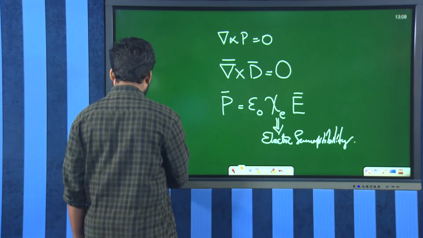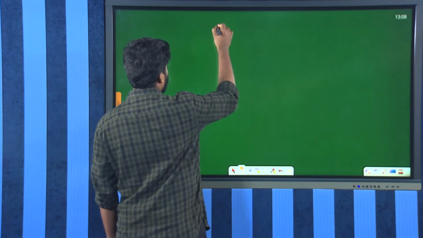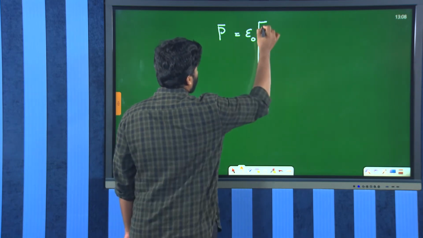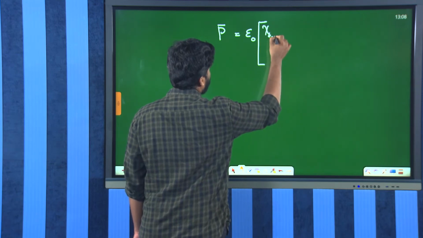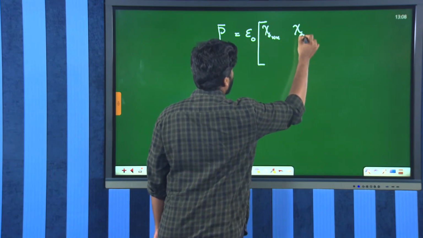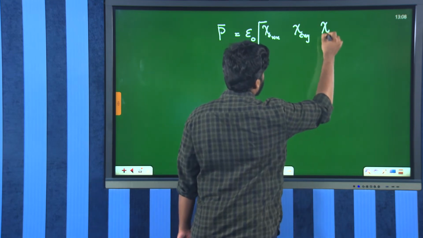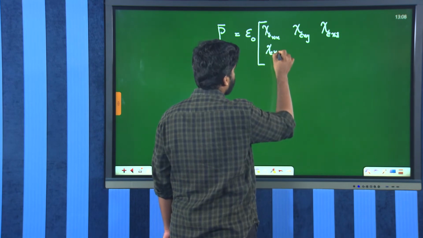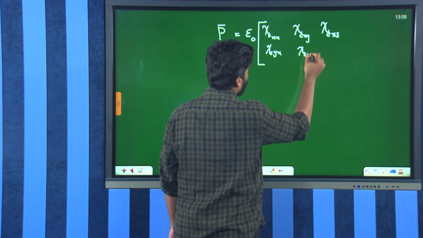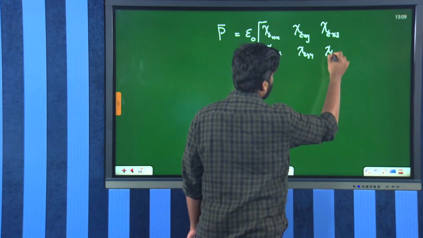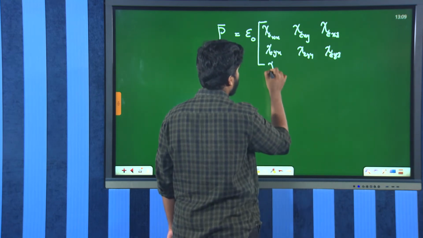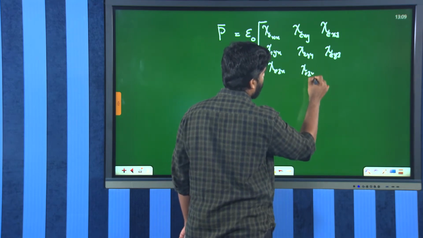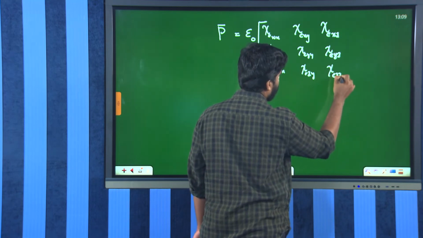So, I can write this equation for an anisotropic medium as P is equal to epsilon 0 into the matrix chi E xx, chi E xy, chi E xz; chi E yx, chi E yy, chi E yz; and chi E zx, chi E zy, and chi E zz.